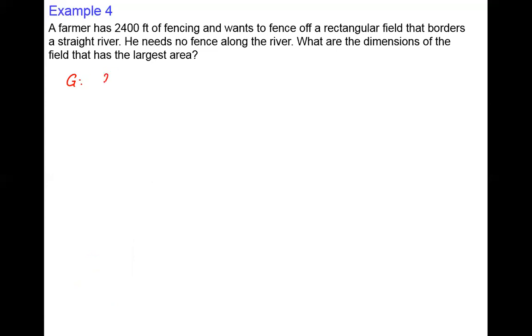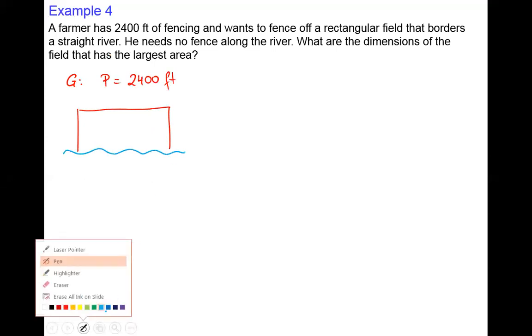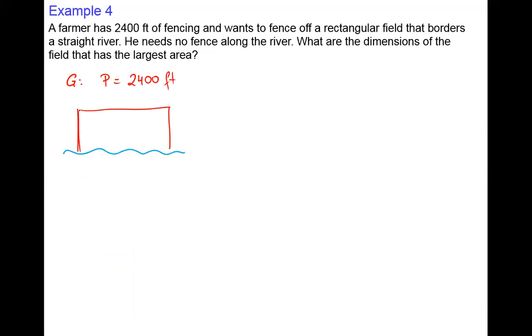Okay, that's what is given. Given information is 2,400 feet, but since this is fence, I can say perimeter. Okay, and I can draw, this is a river, and he needs a fence here, here, and here. And I can say possibly x, y, and y, or the other way.